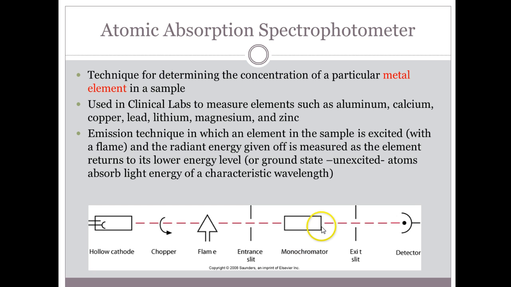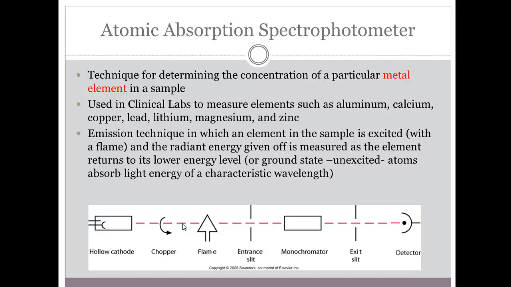There's an entrance slit with the monochromator, an exit slit, and a detector. So what's different is that you are exciting the atoms. So the emission technique is when an element in the sample is excited with a flame, and the radiant energy given off is measured as the element returns to a lower energy level. So you are kind of lighting it on fire and then letting it come down to ground state.